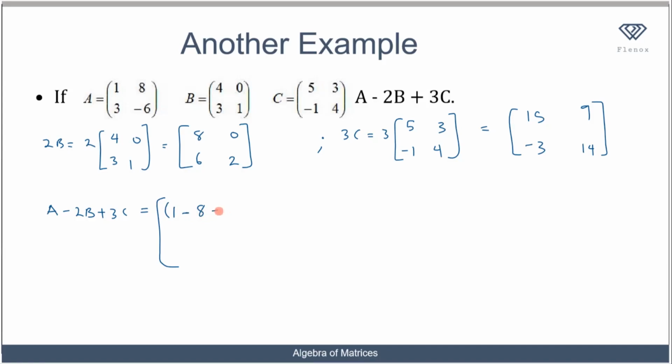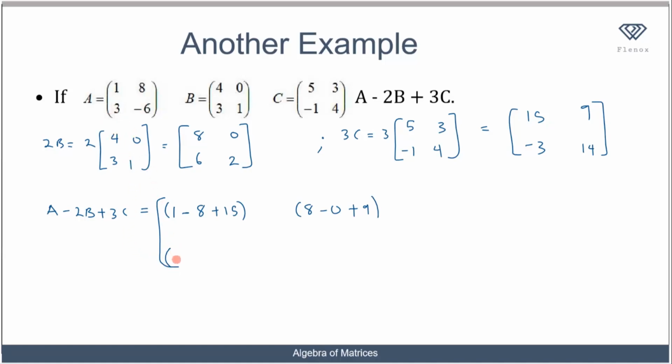So we have 1 minus 8 plus 15. For the second cell over here, your A value is 8, and your 2B value is 0. So you have 8 minus 0. And your 3C value here is 9. So 8 minus 0 plus 9.